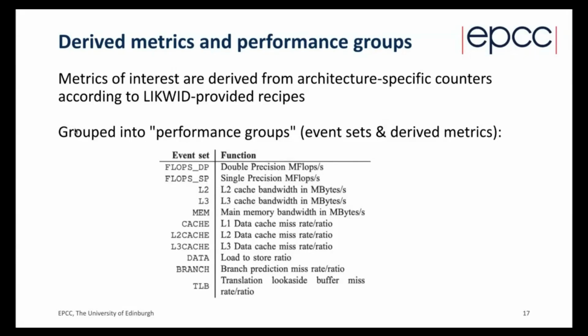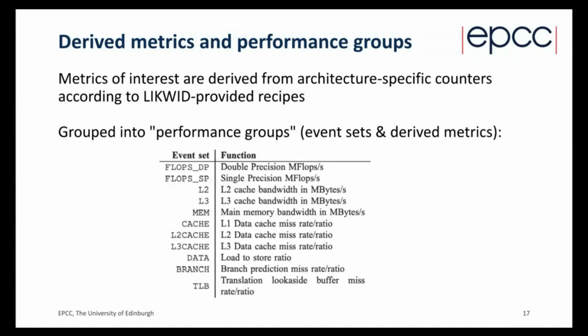In particular, the typical metrics are the number of flops, the measured bandwidth of L2, the measured bandwidth of L3, the main memory bandwidth, cache miss rates, load to store ratios, these kinds of things.